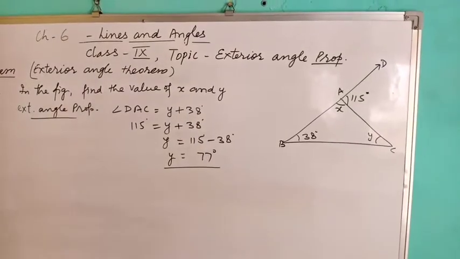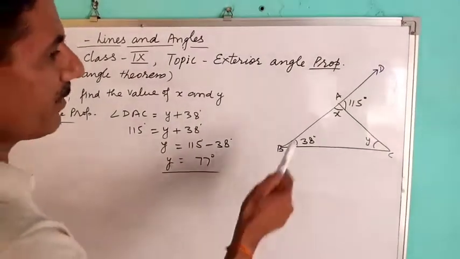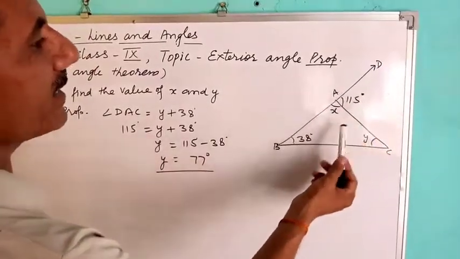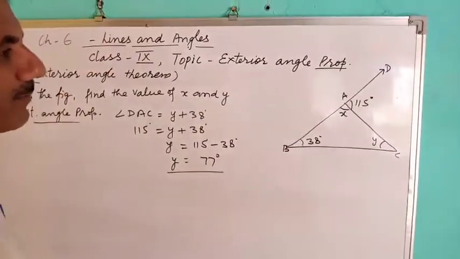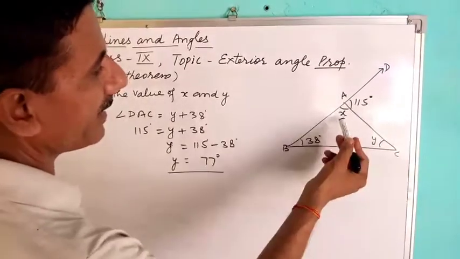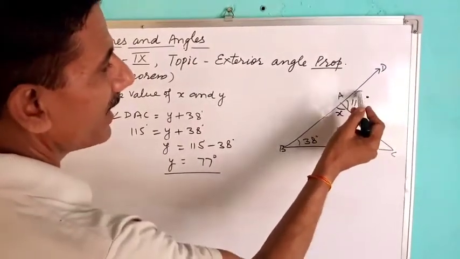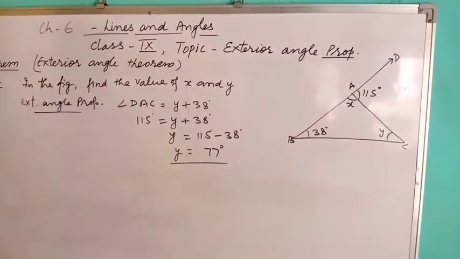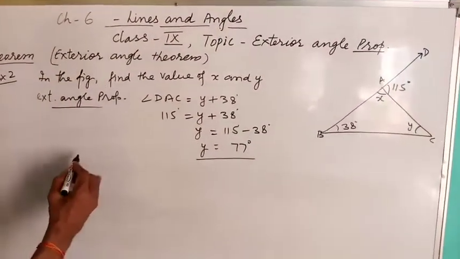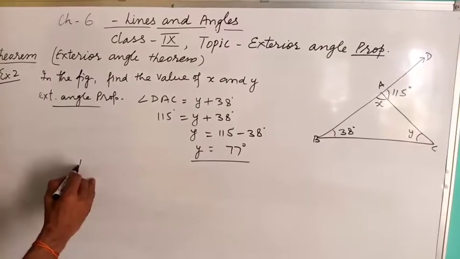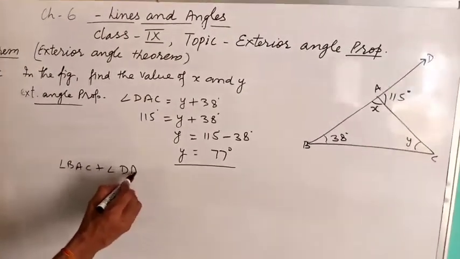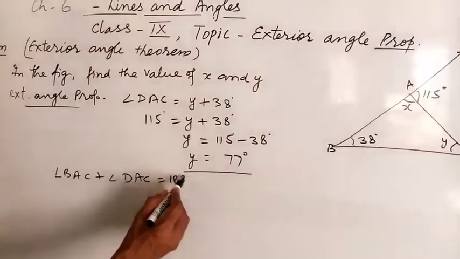By this property, you have seen that with y and 38, we easily calculated angle y. Now when we find x, the exterior angle and x will be a linear pair. So it is also a very simple question. In this case, angle BAC plus angle DAC is equal to 180 degrees.